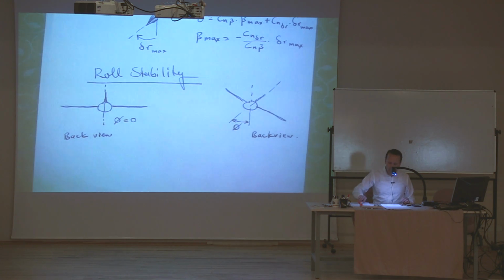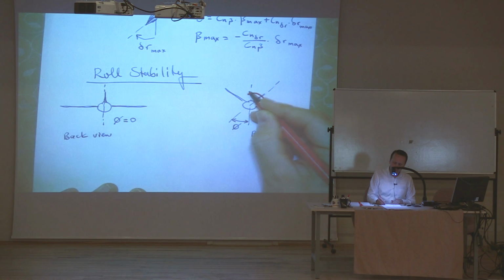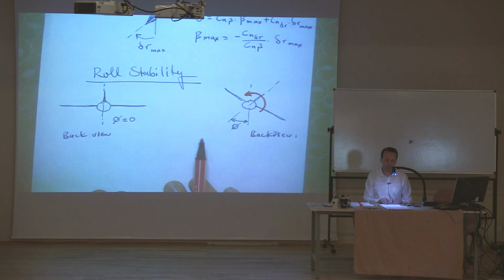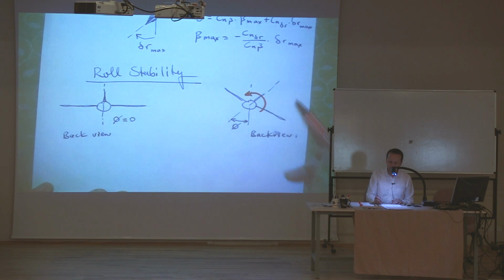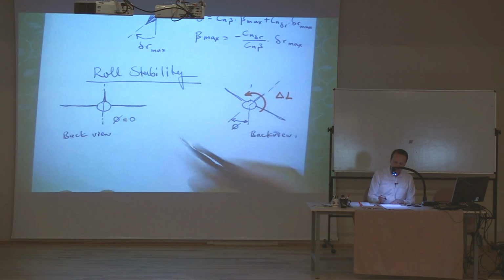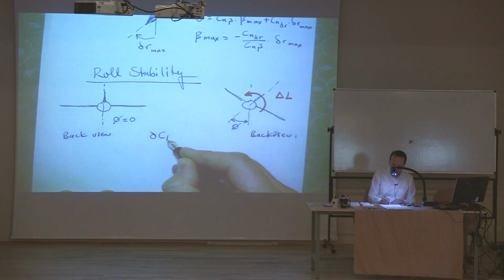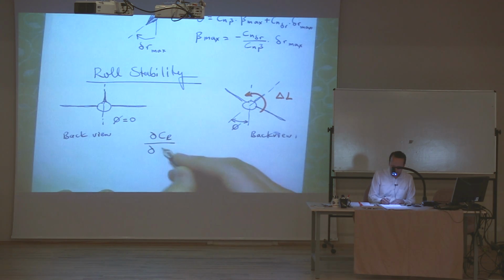What we want is, if for some reason the airplane rolls, we want that airplane to roll back so that it comes back to this flight condition. So the roll moment is delta L, the rolling moment. What do we really want? We want a rolling moment versus del phi.